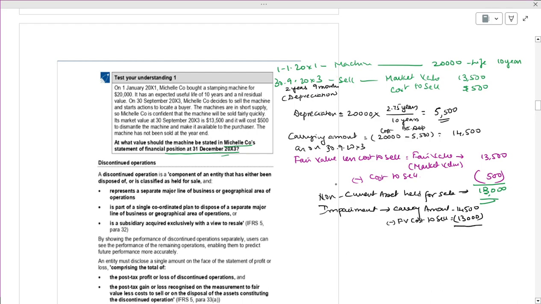Net realizable value is 13,000. Difference is how much? 1,500. This is called impairment.